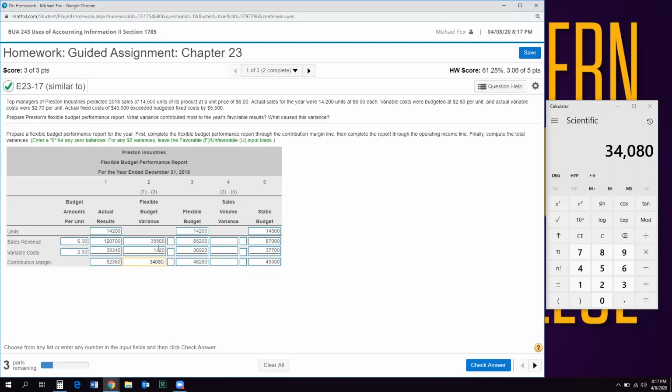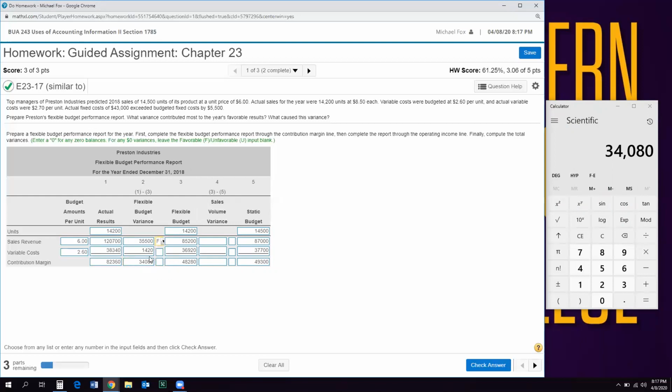When our revenue is higher than expected, that's favorable, since more revenue is a good thing. Here, our costs were higher than expected, so we consider that unfavorable. Contribution margin was higher, so that is favorable.